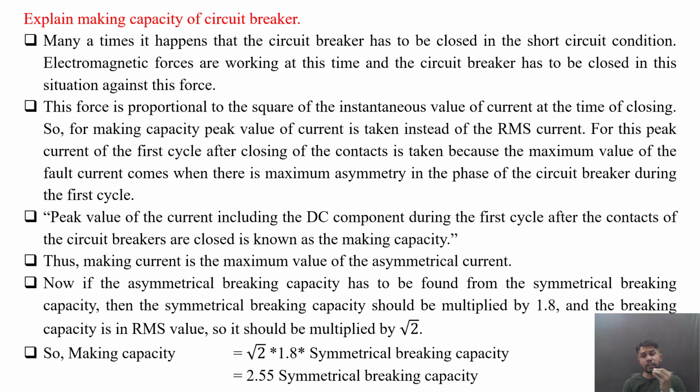Root 2 into 1.8 equals 2.55, so making capacity equals 2.55 times the symmetrical breaking capacity. From the value of the breaking capacity, one can find the making capacity using this formula, and you can explain the making capacity of the circuit breaker with the concept of having the peak value, not the RMS value, at that time.